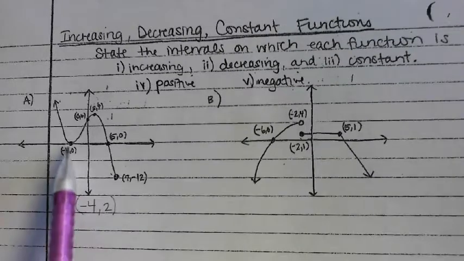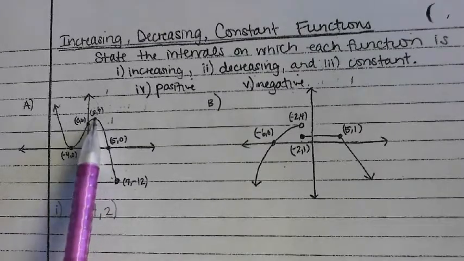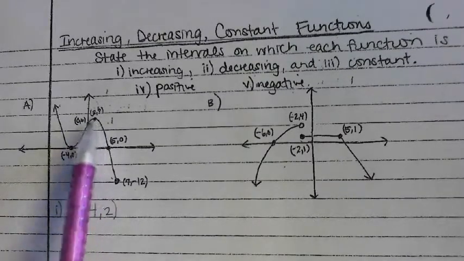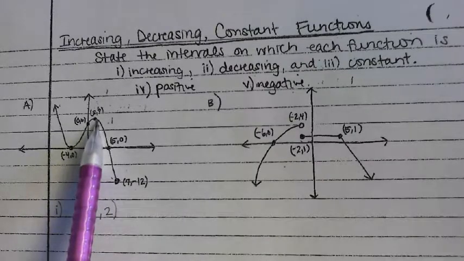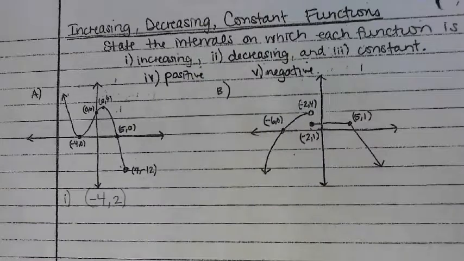Because is it actually increasing at -4? No, that's where the slope is 0. Is it actually increasing at the top of this hill here? No, because the slope is actually 0 right at the tippy top. Just so you know, all things increasing, decreasing, and constant, when you're talking about slopes and interval notation, are always parentheses. So 1, 2, and 3, no matter what the problem or context, those are always going to be parentheses.